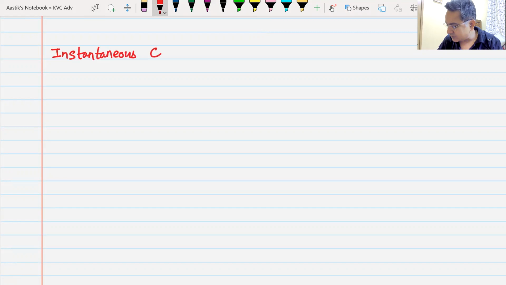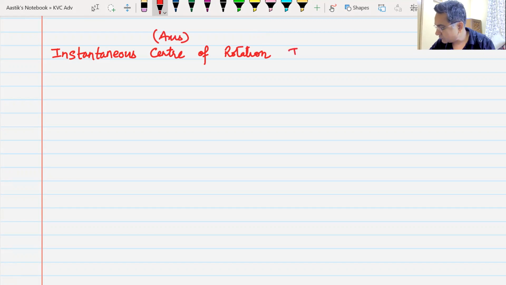Instantaneous center of rotation, or you can also call it instantaneous axis of rotation. ICR, instantaneous center of rotation or instantaneous axis of rotation.